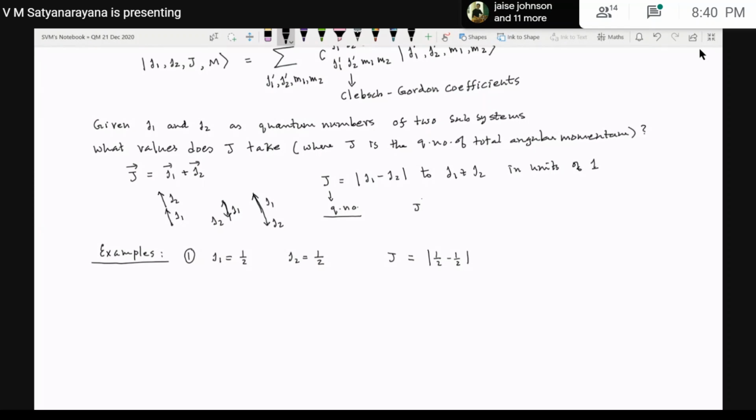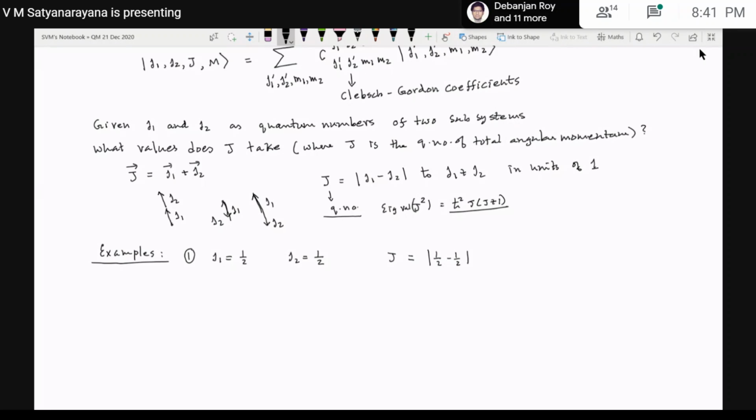For example, when you take J squared, the eigenvalue of J squared will be h bar squared times J into J plus 1. So it is the value of that quantum number that is given from |J1 minus J2| to J1 plus J2.